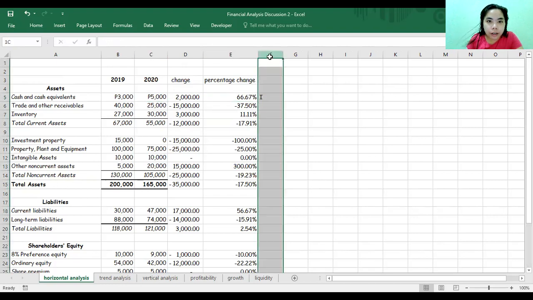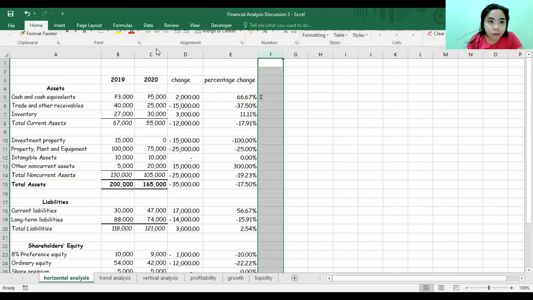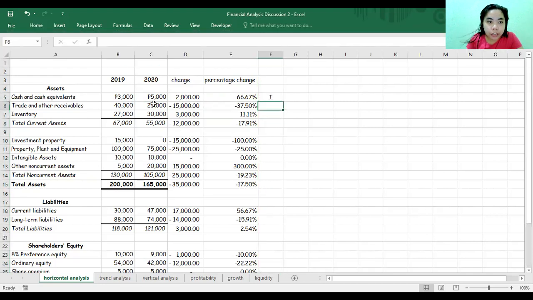So that's favorable for us. We have increased our cash. When it comes to trade receivables, from 40,000 to 25,000, that's negative 37.5%. Negative doesn't mean there's something wrong.